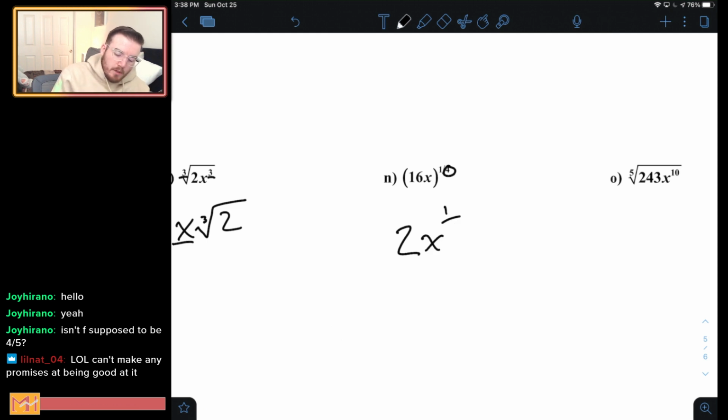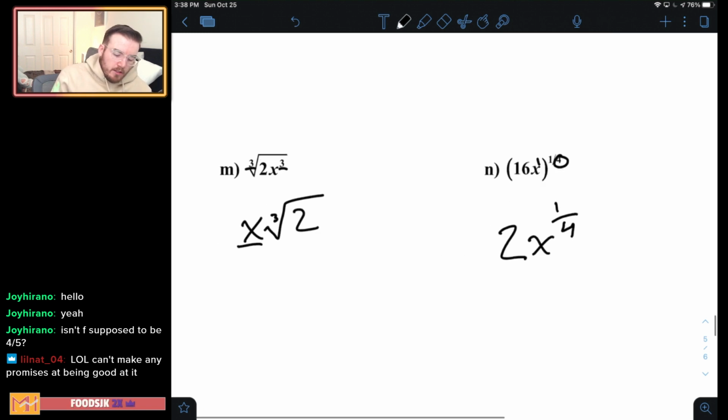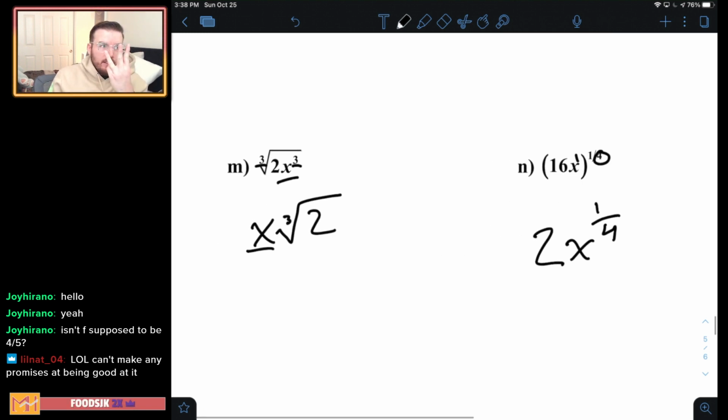but I can't do anything to the x, right? The x still keeps the 1/4, because there's a 1 right here. You see how there's 3 x's, so 3 divided by 3 becomes 1. Well, 1 divided by 3, there's not a group of 3, right?